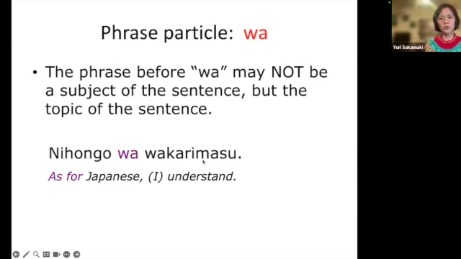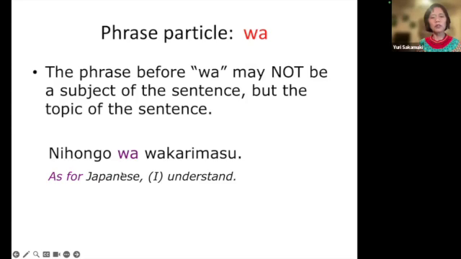It's a verb. We don't know that yet, but I wanted to use this because it really demonstrates that a noun followed by wa is not always a subject. So, 日本語, as you know, is the Japanese language. So, this sentence says, as for Japanese language, I understand.